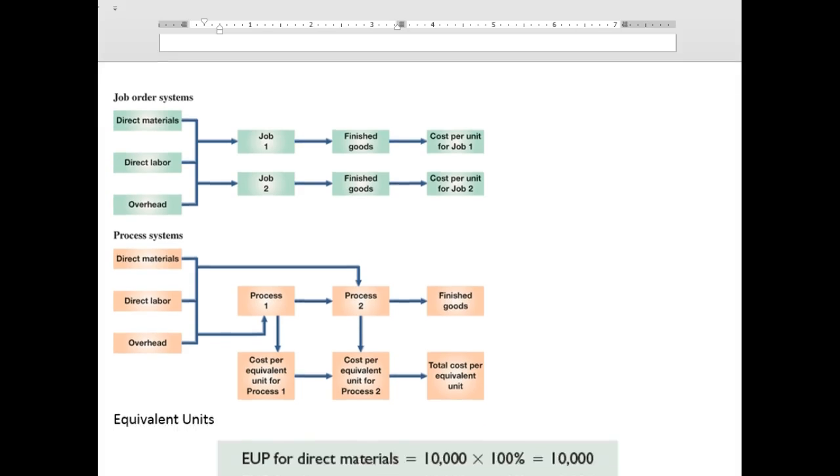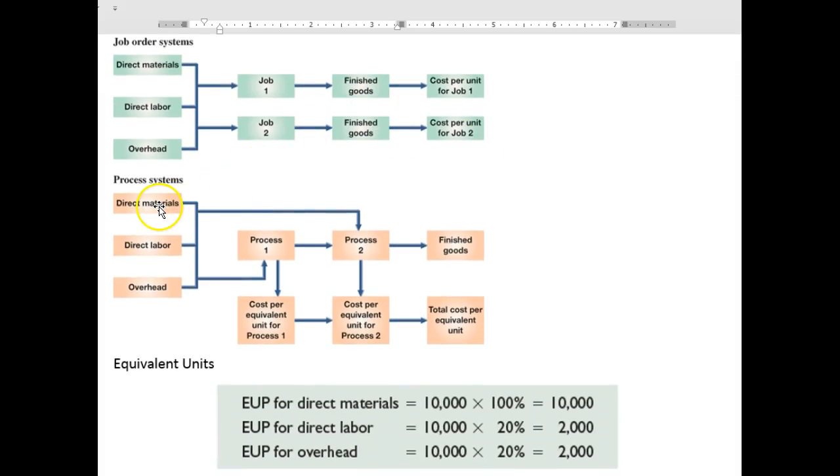Now, we're going to do the same thing. You've got direct materials, direct labor, and overhead, but instead of a job, the materials are going to be gathered in a process, and then move to a second process, and completed and moved to finished goods.